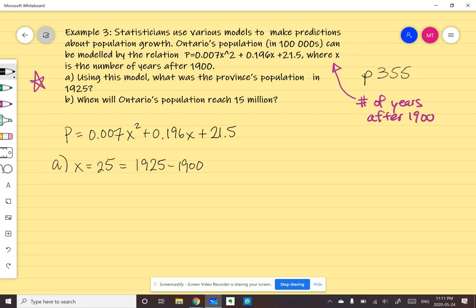So what we do is we place it into the growth model equation. P is the population, right? P equals 0.007, and I'm just going to leave a blank to put in that x, plus 0.196, again leaving a blank for that x, plus 21.5.